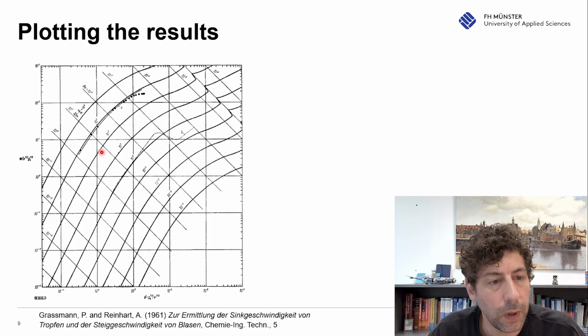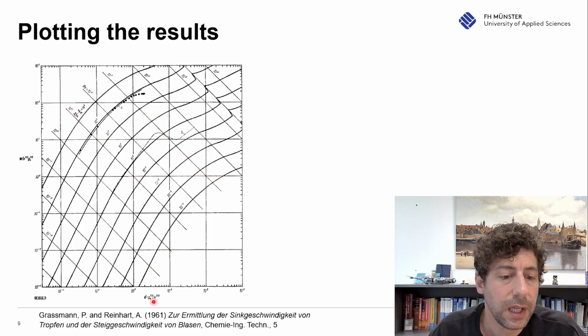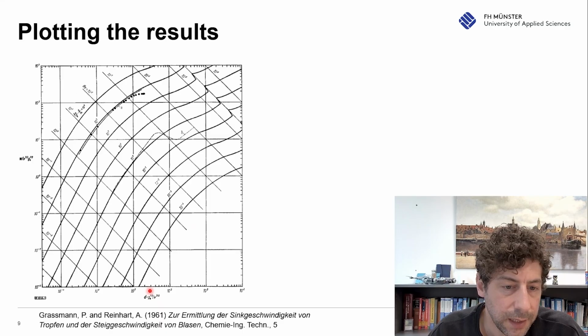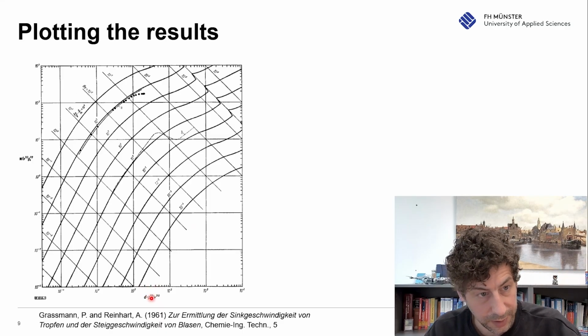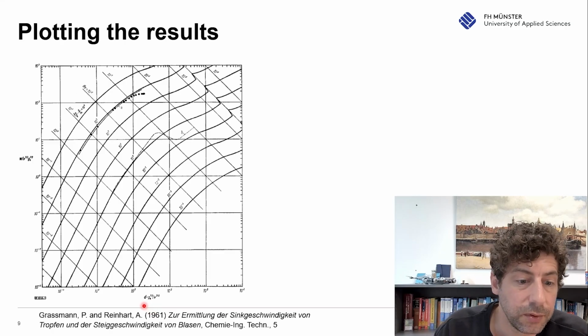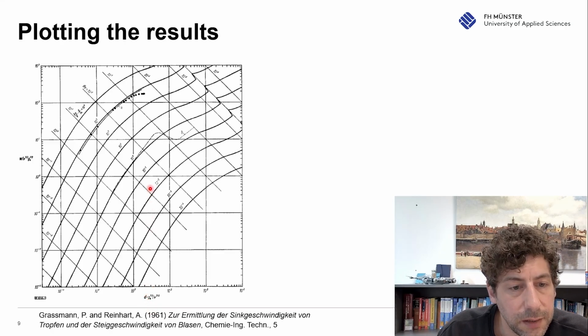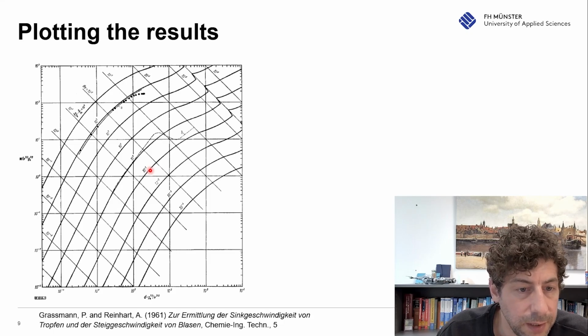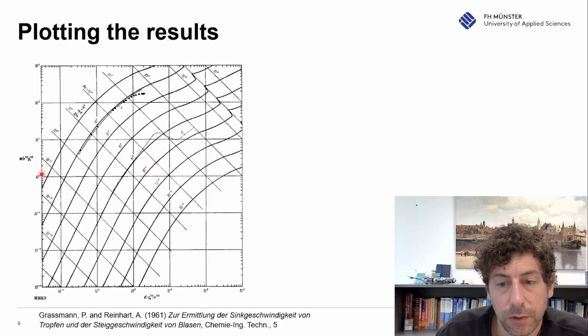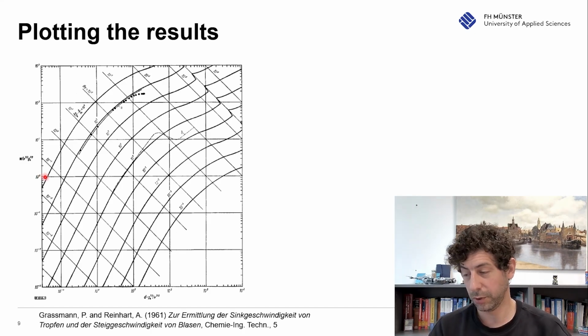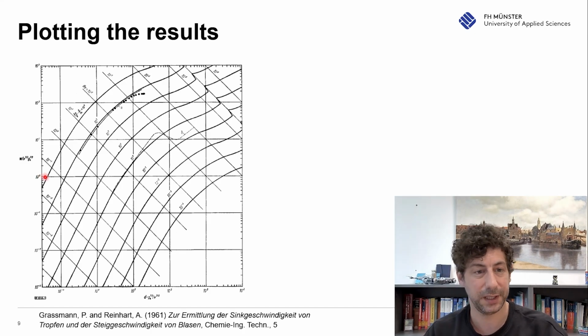If you know the size, you can calculate the Archimedes number until you reach the Reynolds number, and then you can read out the omega number. And when you know the omega number, you can calculate the velocity.